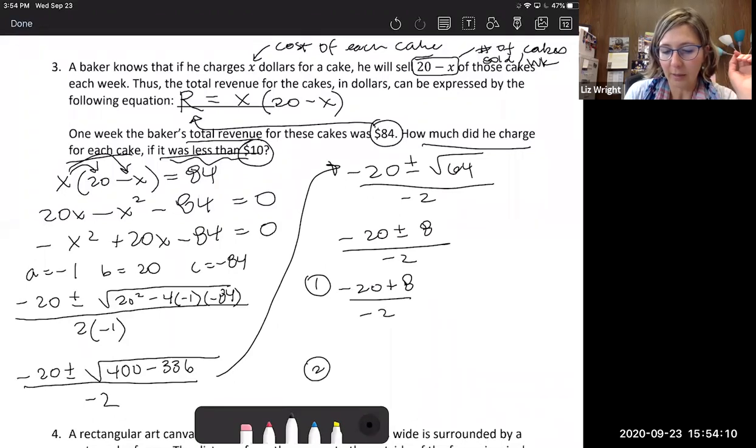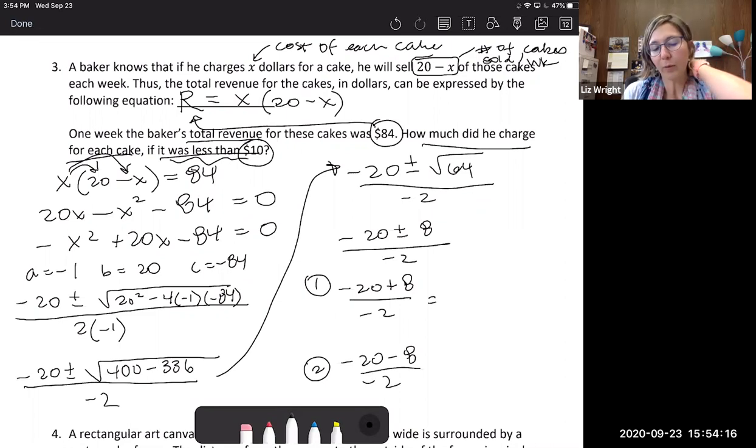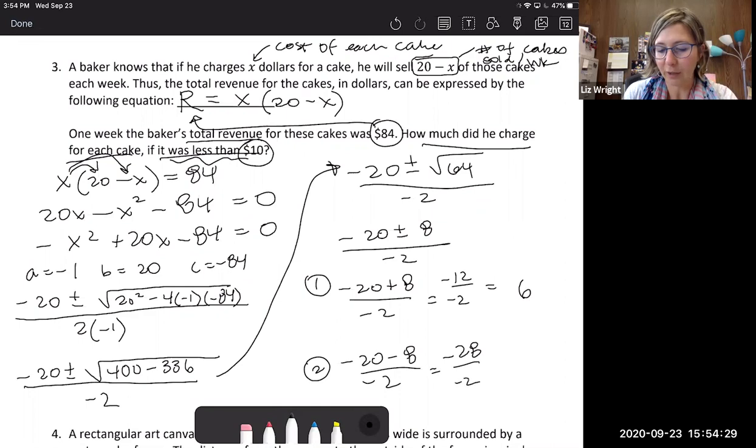And our other answer is going to be -20 minus 8 all over -2. So -20 plus 8 is going to give us -12. -12 divided by -2 is going to give us +6. This one over here is going to give us -28 divided by -2 is going to give us 14.